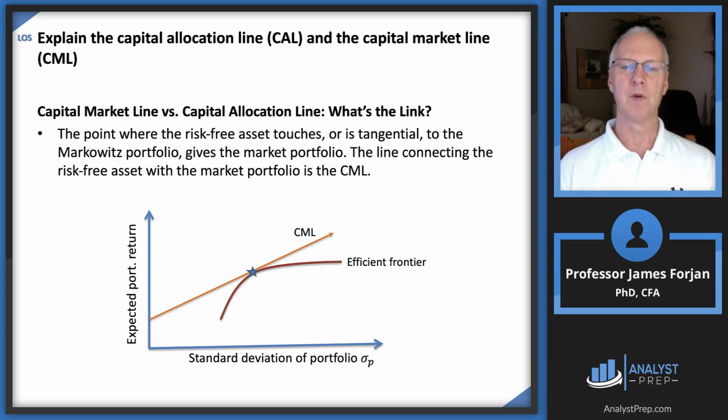And so that capital market line is now the new efficient frontier because you would prefer any of those portfolios on the capital market line to any of the other ones on the Harry Markowitz efficient frontier because for a given level of risk, they have a higher expected portfolio return. And of course, the exception is the market portfolio. Now remember that the capital market line is really just a special case of the capital allocation line.